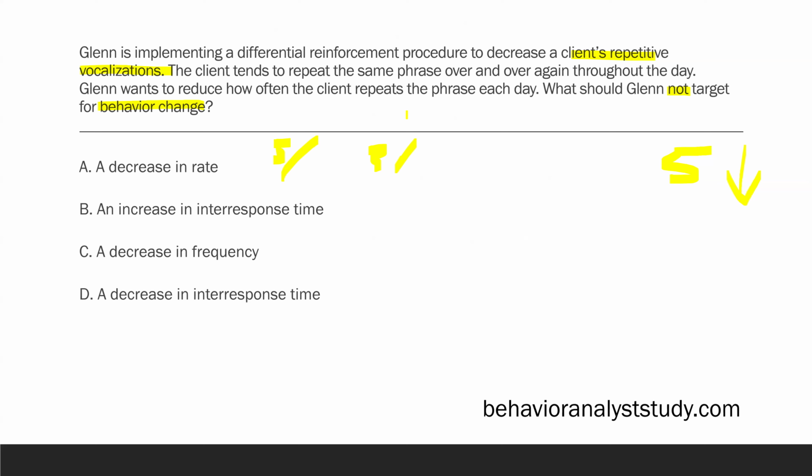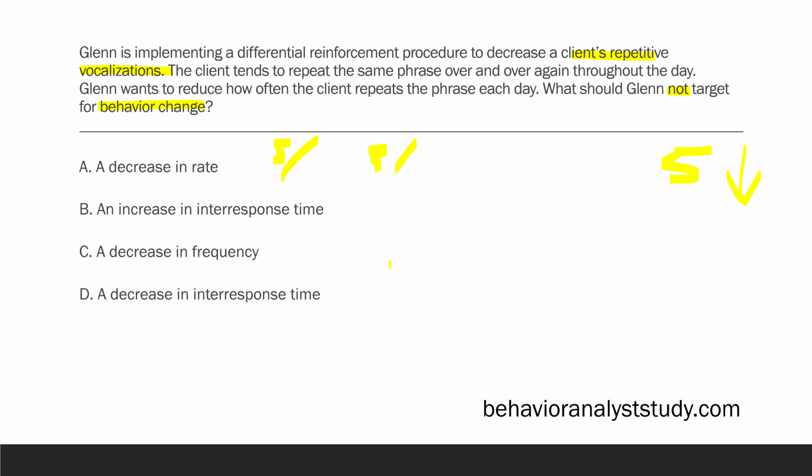So A looks okay. B, an increase in inter-response time. If we go from the phrase being said every 2 hours to every 4 hours, that's an increase in inter-response time, time in between behavior, and that would decrease how often the phrase is said each day. So B looks pretty good. C, a decrease in frequency. If we go from 5 to 3, that's also going to decrease how often the phrase is said.